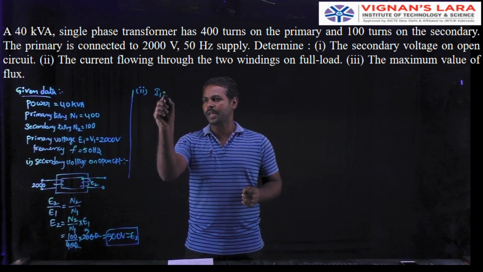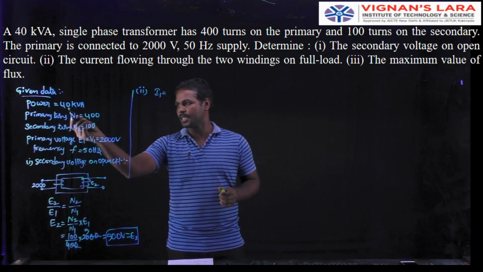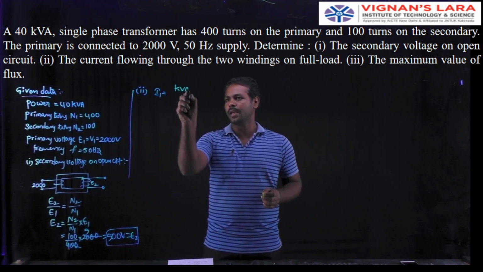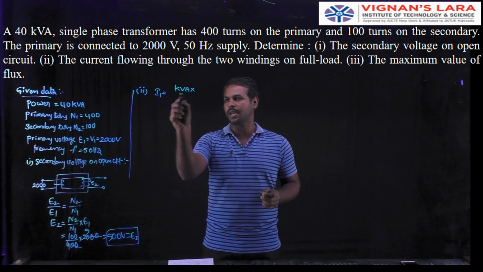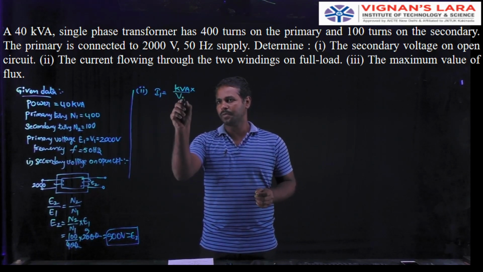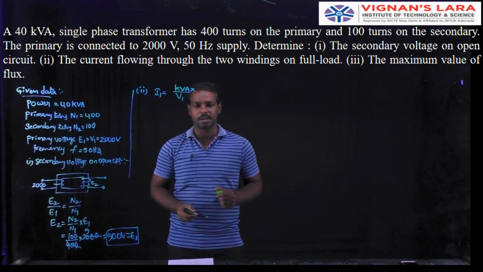The primary current I1 is equal to kVA divided by V1, because I1 V1 must be equal to the rating of the transformer, 40 kVA.